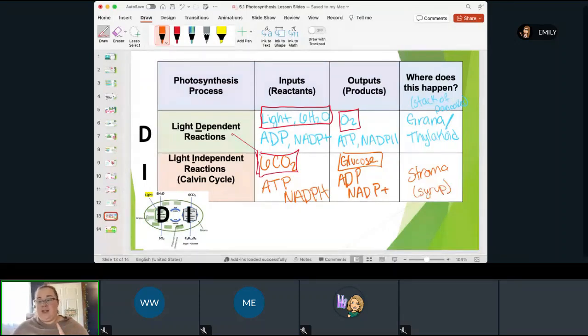Now, there's one more thing that I want to point out on this, and I'm going to do this in a third color. Let's look at photosynthesis as a whole. What are my 3 big picture inputs for photosynthesis?